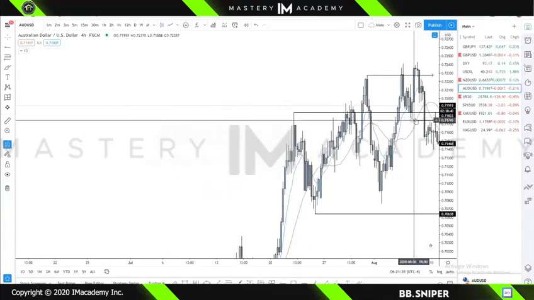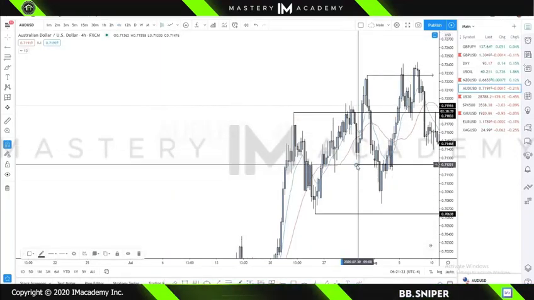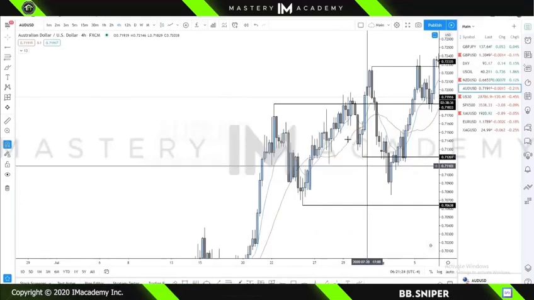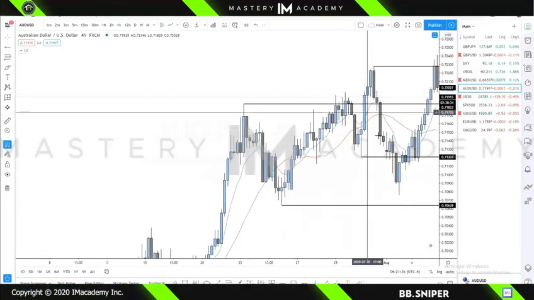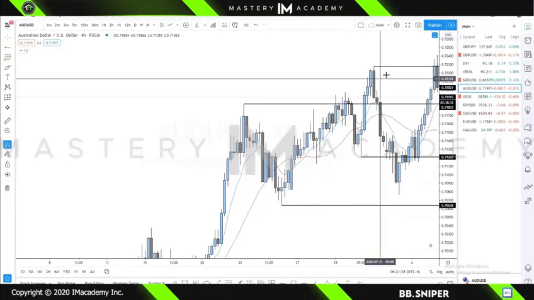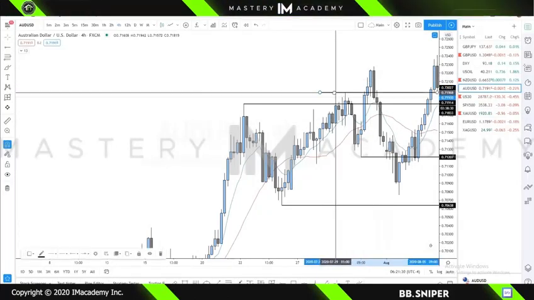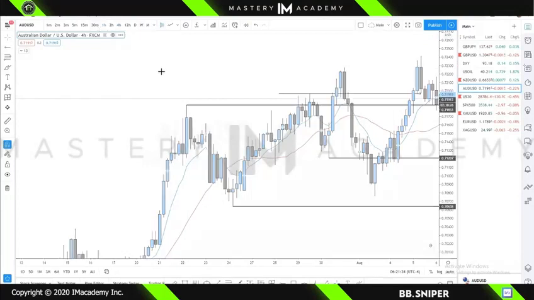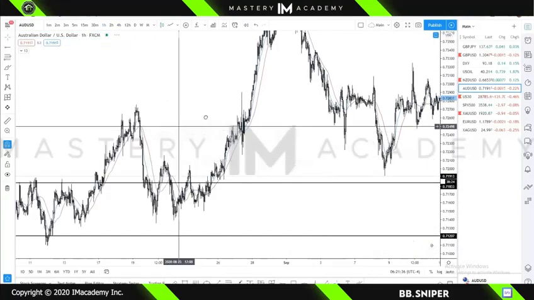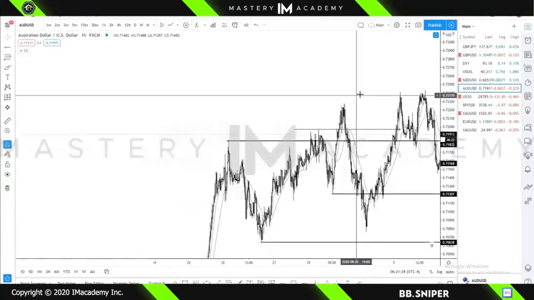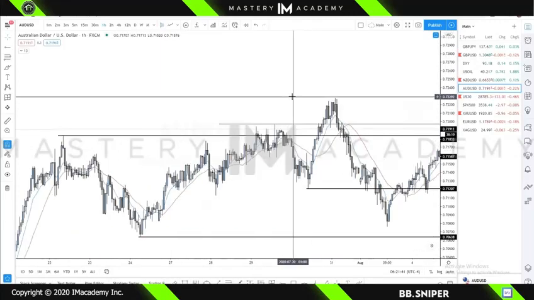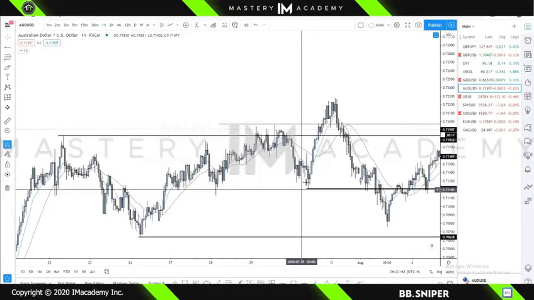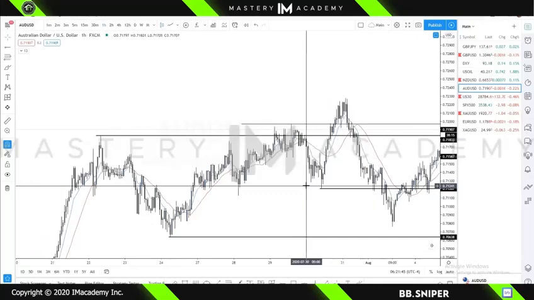So this one here, sorry about that, that one there. Okay, so I'm going to show that again because I did mark a different higher low there. So this is that 1-hour higher low point.